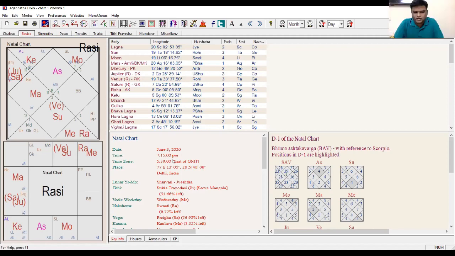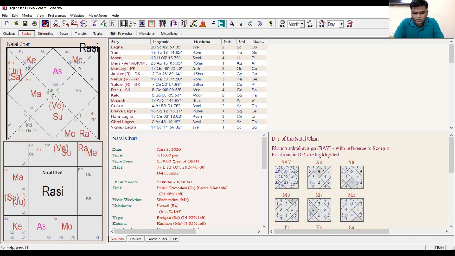Whenever the Sun transits in the Prashna chart to that particular sign, that month will show the birth of the child. But for now this is irrelevant to check Sun transit, because until and unless the year is defined, there is no point of checking Sun and Moon.